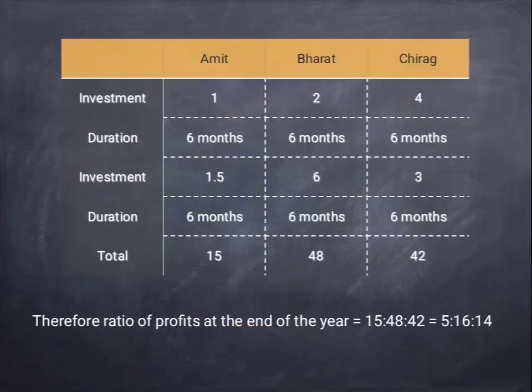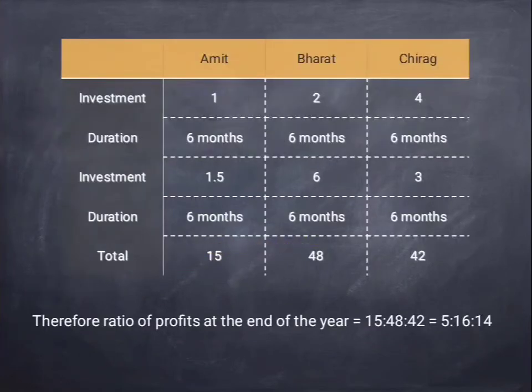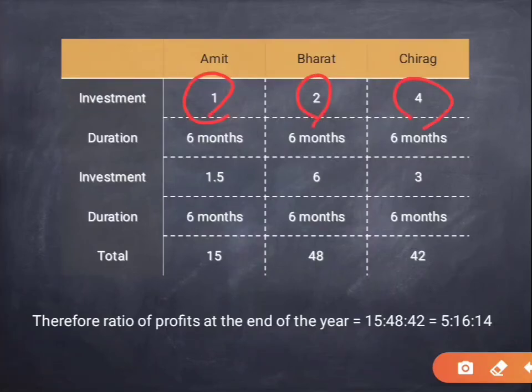So this is the scenario. Their investment was initially in the ratio 1:2:4. So consider Amit's investment as 1, 2, 4. And they invested like this for 6 months.